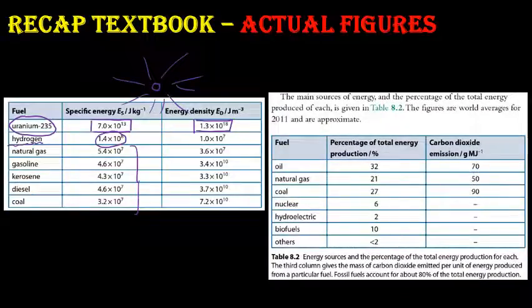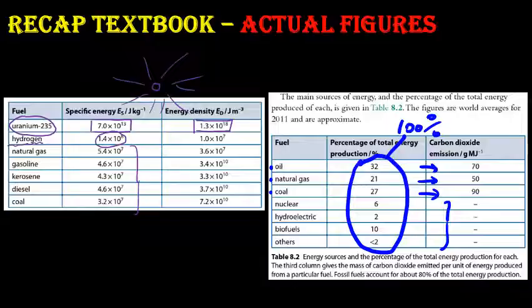For the table here, it took me a few seconds to understand what it means. In fact, what this table is talking about is a total of 100%. So this is the total energy production of the whole world. You can see that the main three fuels that we use are oil, natural gas, and coal, especially oil. However, these main three fuels will produce a lot of carbon dioxide, while nuclear, hydroelectric, biofuel, and others may not bring any carbon dioxide or only insignificant amounts.